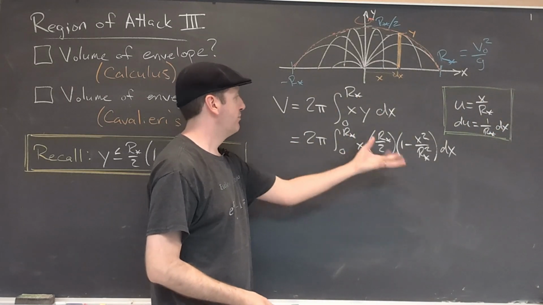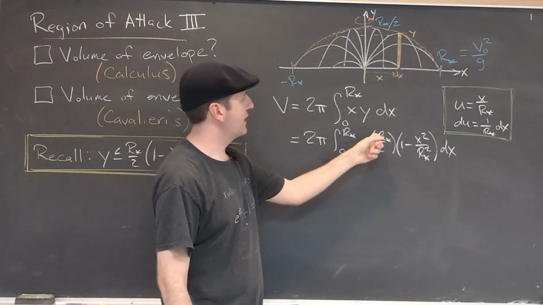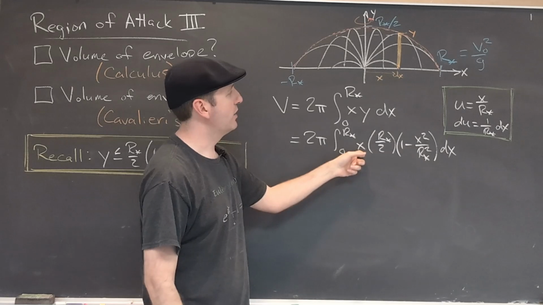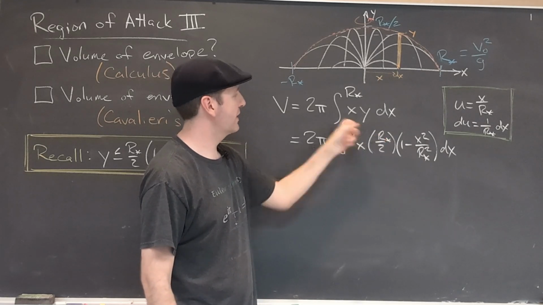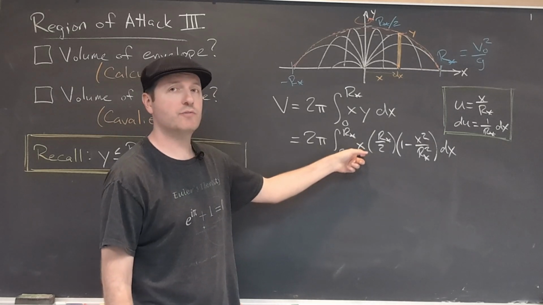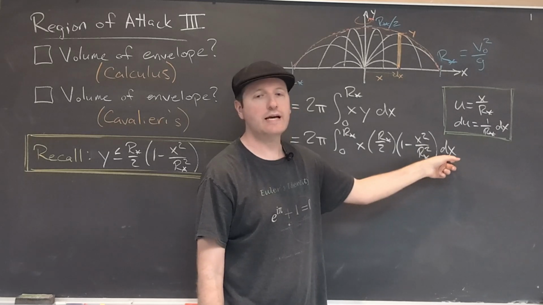Using that here, we'll be able to pull out a bunch of constants. The 2 here and the 2 here will cancel. I'll get an r squared that comes out here. I'll also pick up another r star that comes out here. I'll pick up another r star from changing this x to a u, and I'll also pick up a third r star by changing this dx into a du.